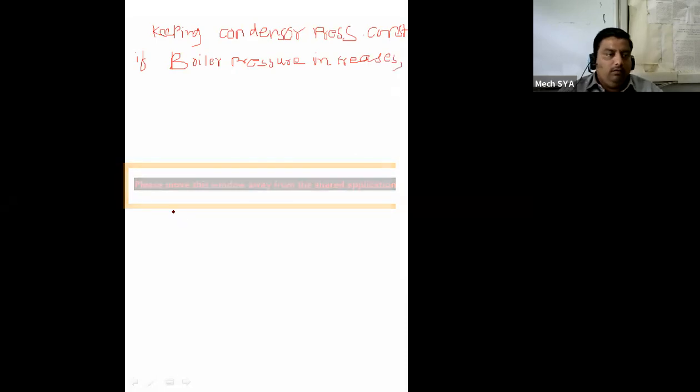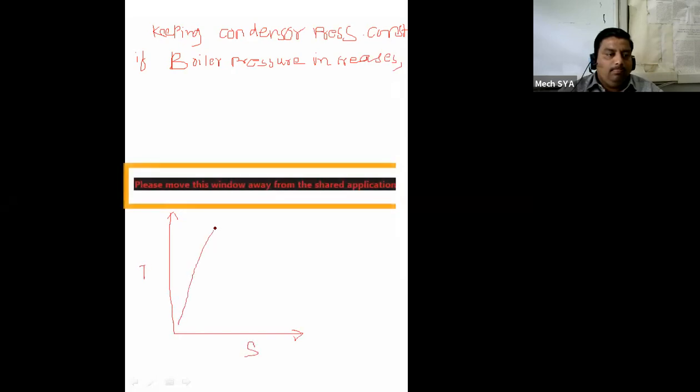What will be the effect now on the Rankine cycle polygon?